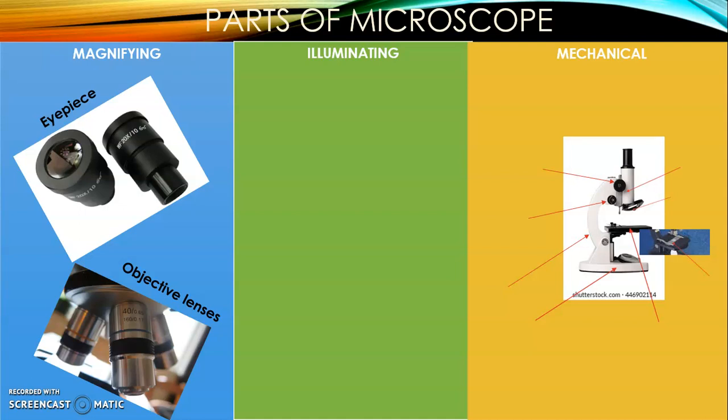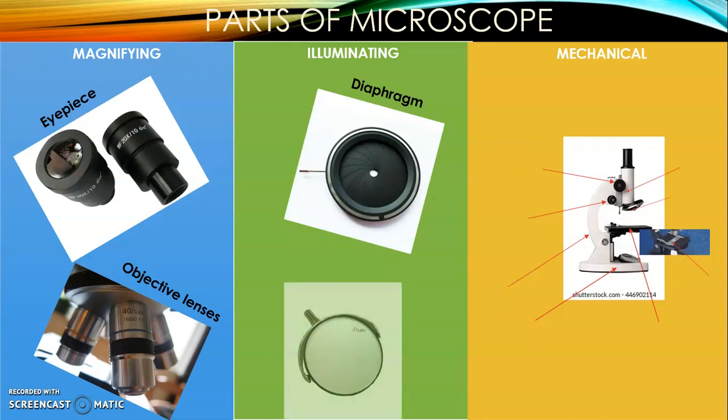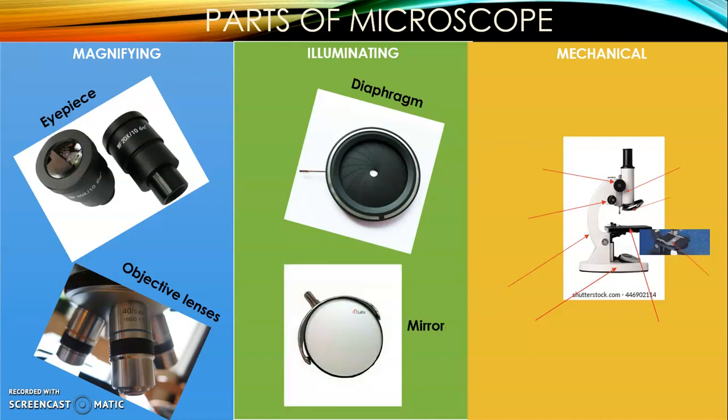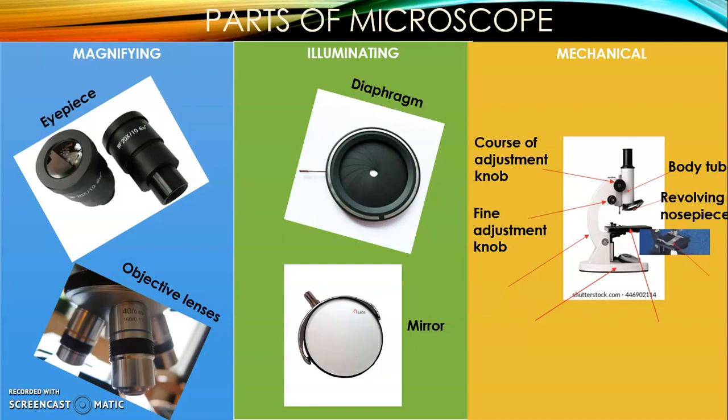The illuminating part, which provides the managed light source in order to see a clear image of the object, includes the diaphragm and the mirror. While the mechanical part provides support and protection to other parts of the microscope. It includes the body tube, revolving nosepiece, coarse adjustment knob, fine adjustment knob, the arm, stage clip, and also the base.